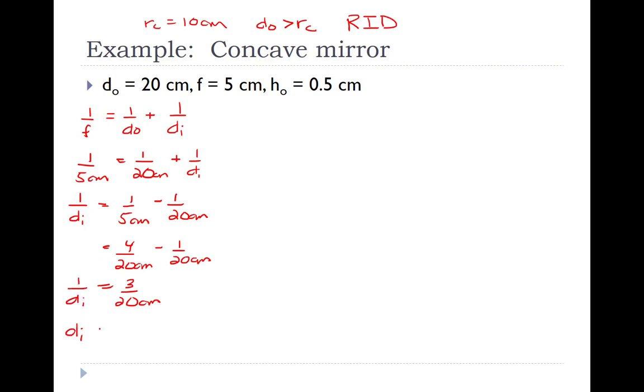Again, to find the image distance, I've got to invert that, which is 20/3. For those of you who don't like fractions like that, this works out to be 6.67 centimeters.